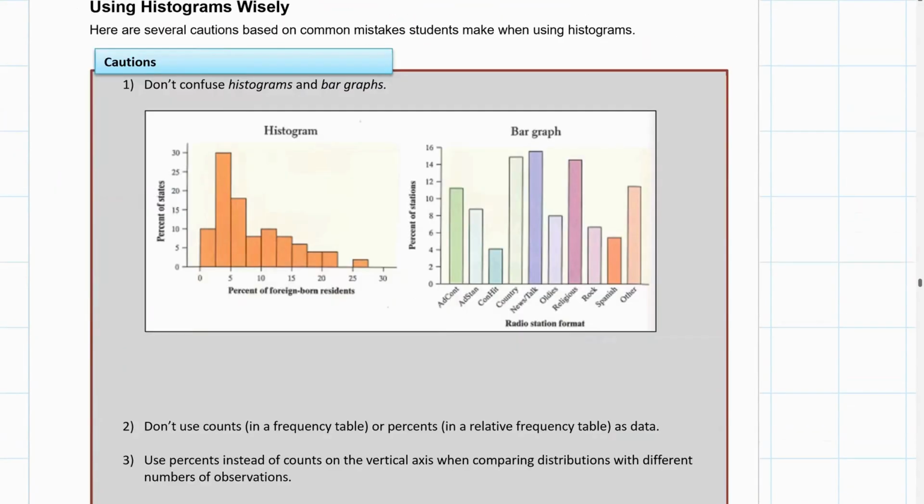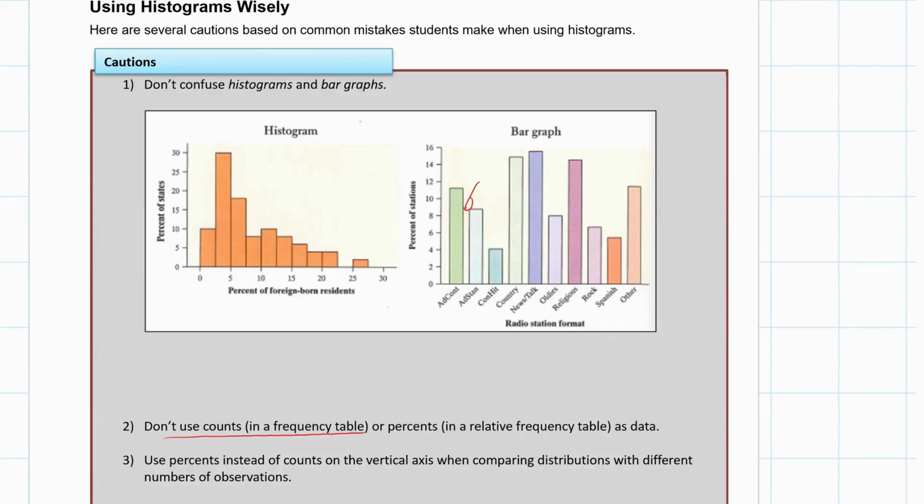All right, so to summarize the idea of histograms, remember histograms summarize quantitative data. Bar charts summarize categorical data. Remember, bar charts have gaps in them. Histograms don't. Don't use counts in your histogram.